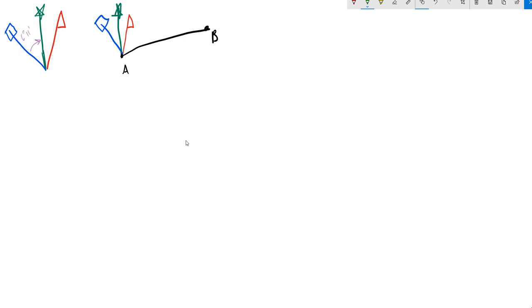Let's just use bright green. From here to here, all the way to here. So the grid declination is going to be, let's say, 16 degrees, 1 minute. Okay, so we have those.